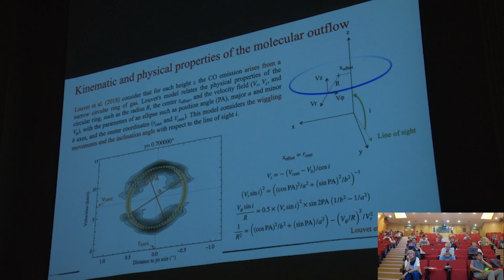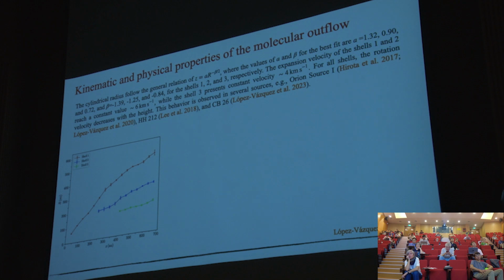If we correlate this model with our position velocity diagrams, we obtain the cylindrical radius. In this plot, we have the cylindrical radius as a function of the height, and we find that the cylindrical radius follows a power law of the height.